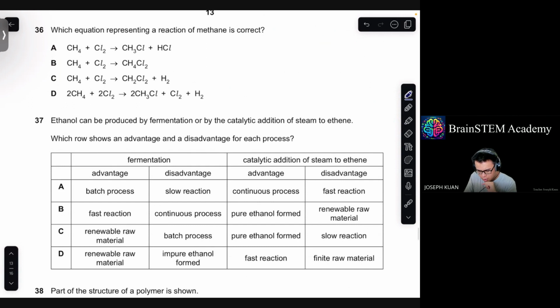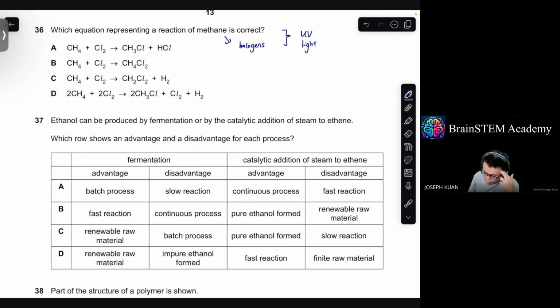Which equation represents a reaction of methane? Based on just your first glance at the question options, you are trying to react alkanes with halogens. Remember, alkanes are generally unreactive. The only way for them to react with halogens is to use UV radiation, UV light.